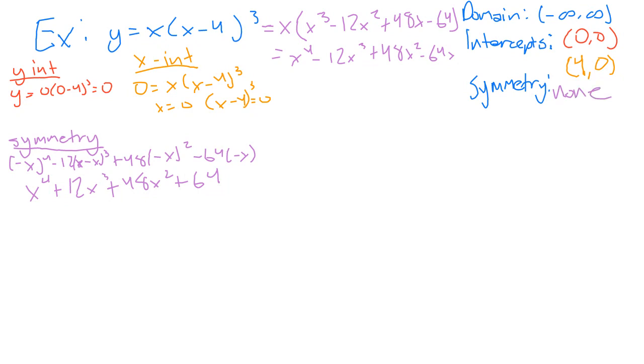All right, next thing we can look at is our asymptotes. Since this is a normal polynomial, we're not going to really have any asymptotes. That's only going to show up if you have something in the denominator, like a rational function where you have a function above another function. That's really the only time you may see an asymptote.